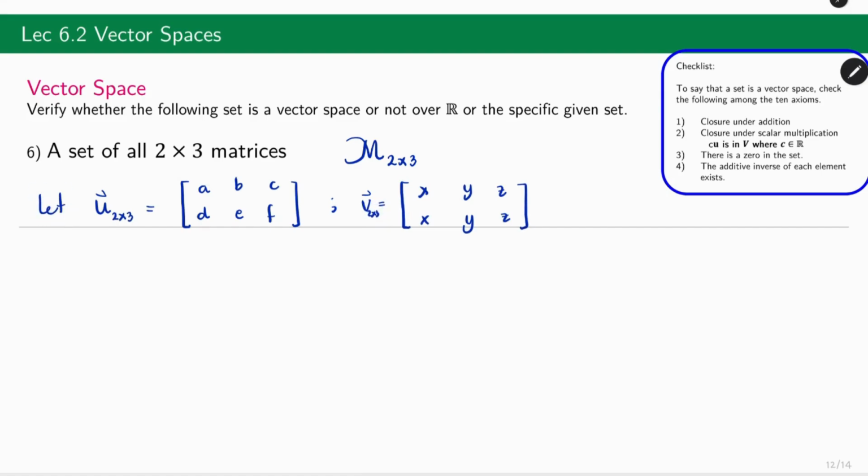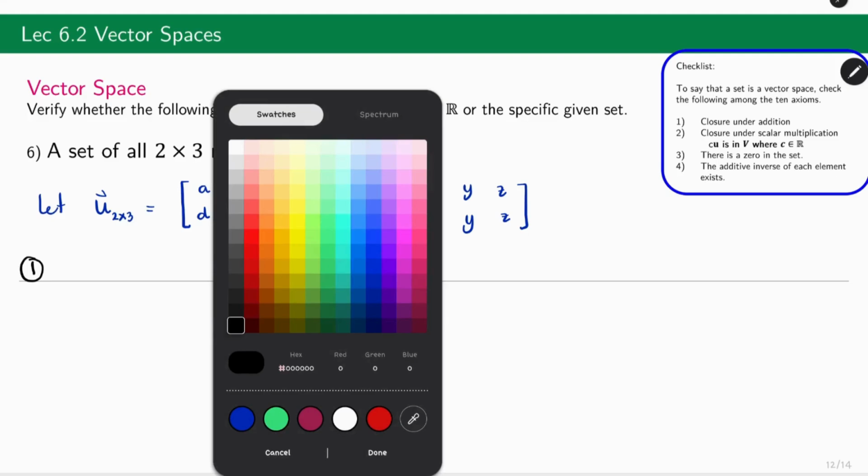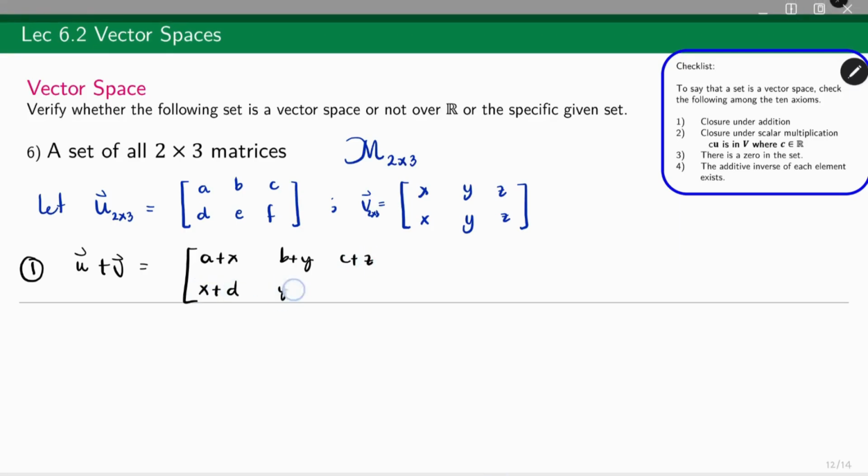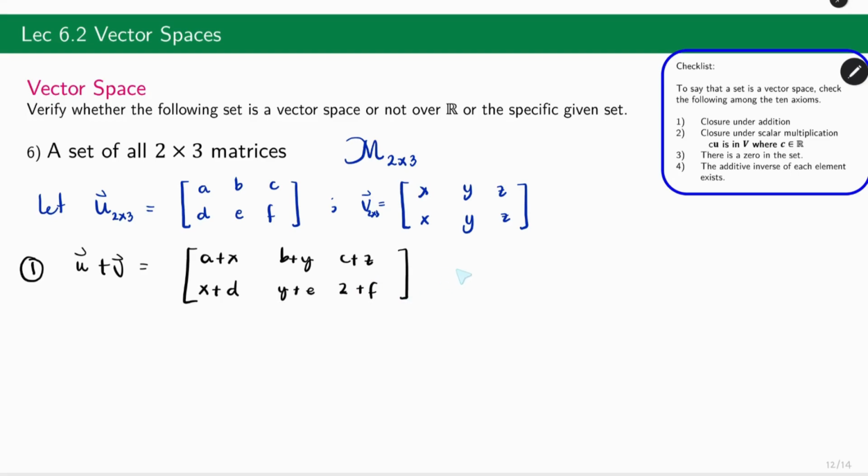For the addition, we can already drop the subscript here. The addition will be U plus V. As you can see, the result is still a 2 by 3 matrix, so it is closed under addition.